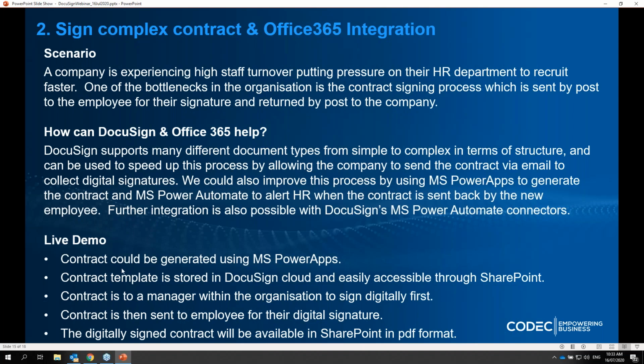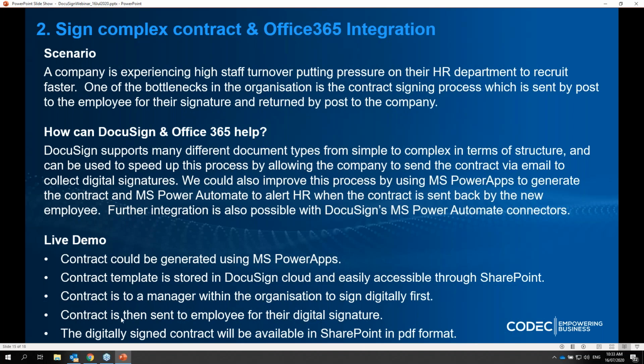So yeah, the demo. The first thing I'm going to show you is Power Apps and how it could be used to make this process even simpler. We're then going to use a contract template, which is already stored in DocuSign and is easily accessible through SharePoint. Then we're going to get this document and send it to a manager within the organization to sign digitally first, which is very common.